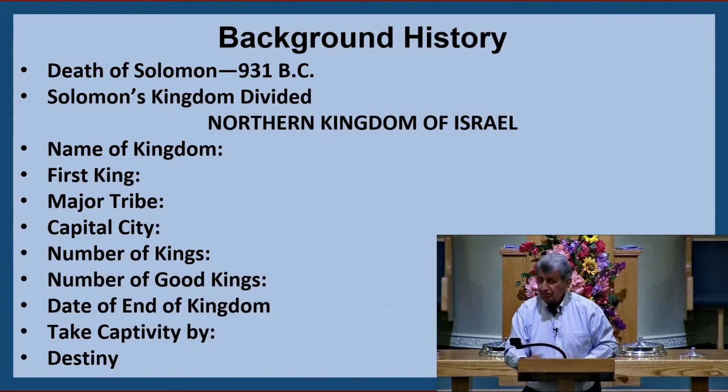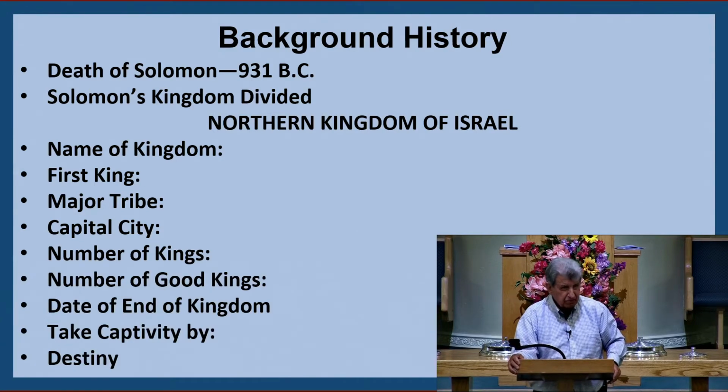Did I hear someone say Assyria? That is the one. What happened to that northern kingdom? Well, it ceased to exist, but what happened to its people? They were scattered by the Assyrians throughout all of the Assyrian world.